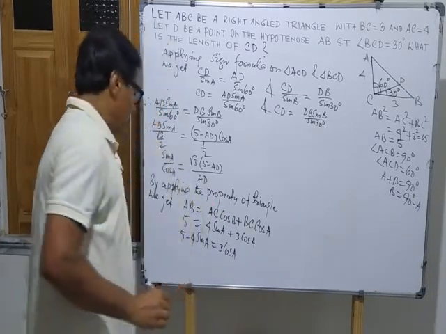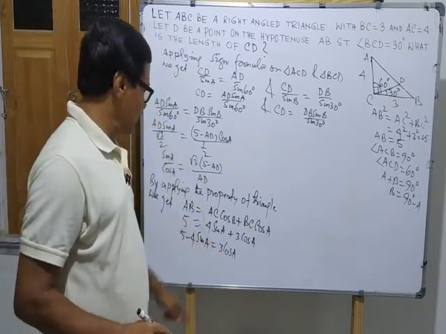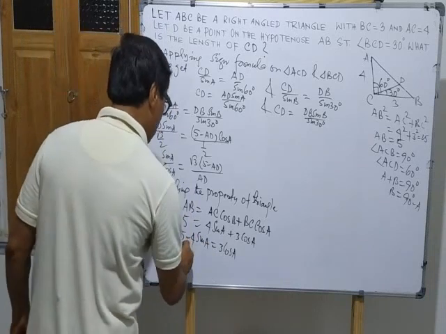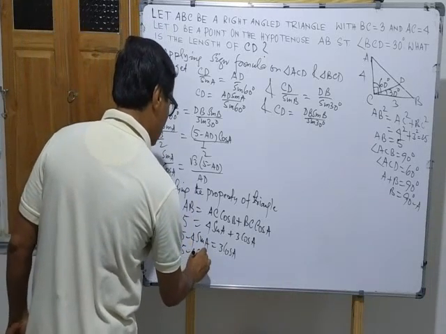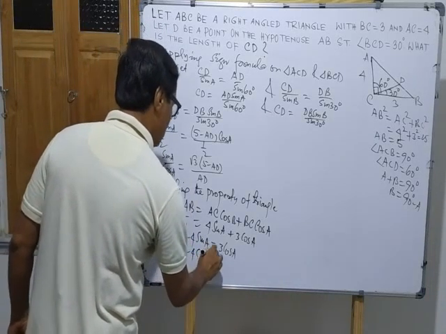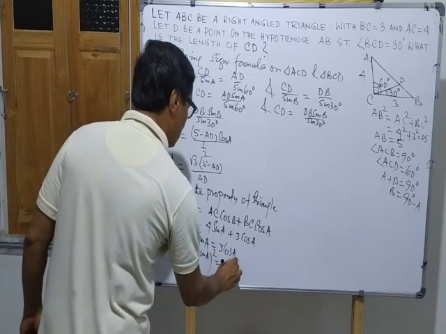We can take the square of both sides of this equation. 5 minus 4 sin A whole square equal to 3 cos A whole square.